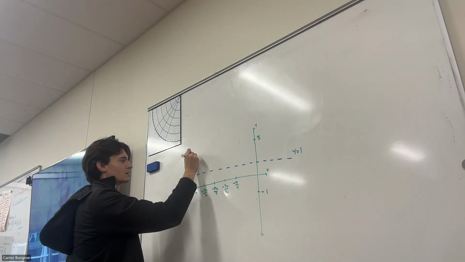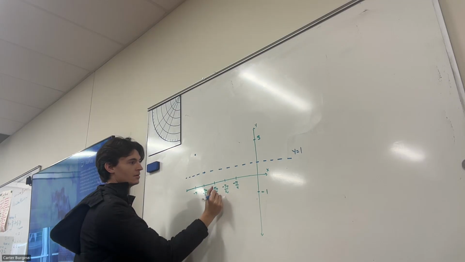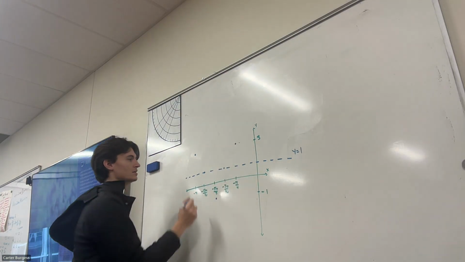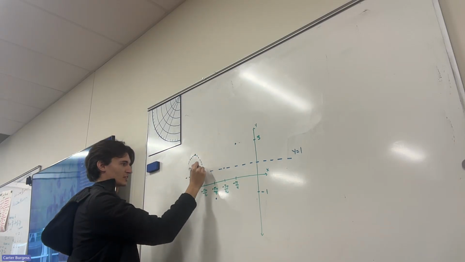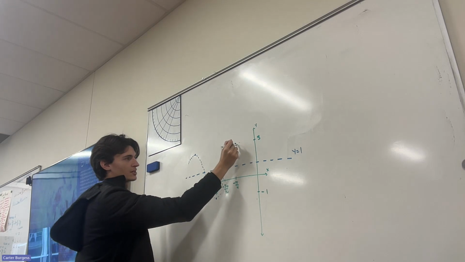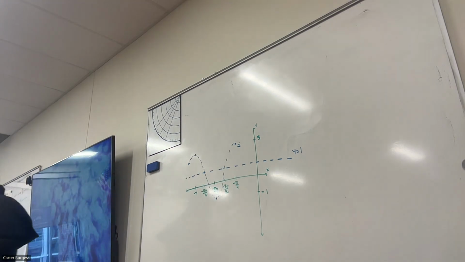Max, mid, min, mid, max. I'm going to connect these with a dotted line just because we don't actually care about the cosine function, just using it to get what we actually want. Something like that.